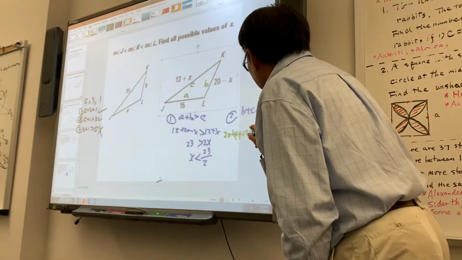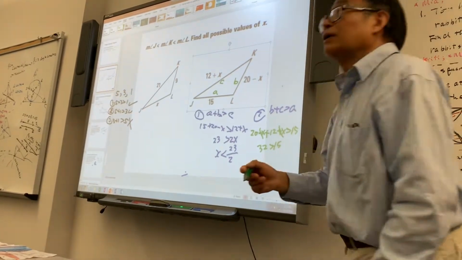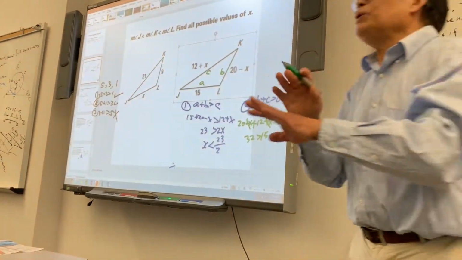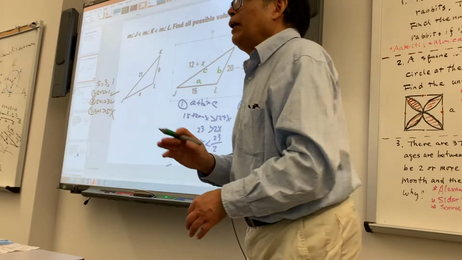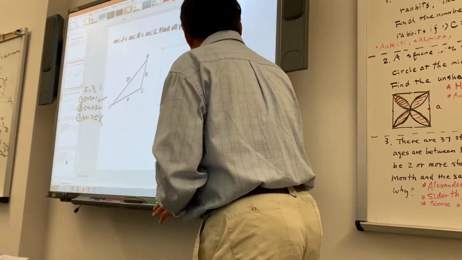Negative x, positive x cancel. So you get 32 is greater than 15. What does this mean? X can be any number. X is not important. Do you understand, please? X can be anything. We don't care.